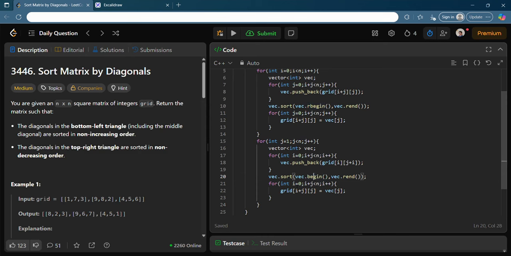So instead of rbegin, I will just do vector dot begin, vector dot end, and this will be i instead of j, and this will be i, j plus i.